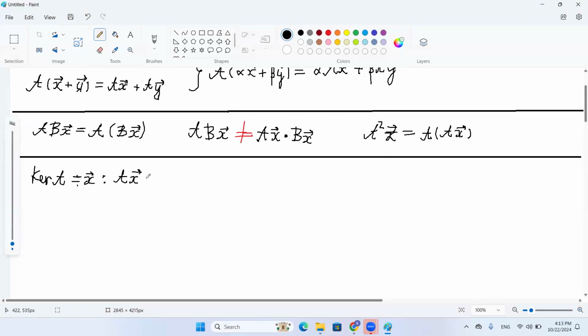So it is the set for which we have the zero vector, because we are now in R3 space, so not just R. So the zero element, let's call it like that. Correct. Okay, and who can answer what is the image?